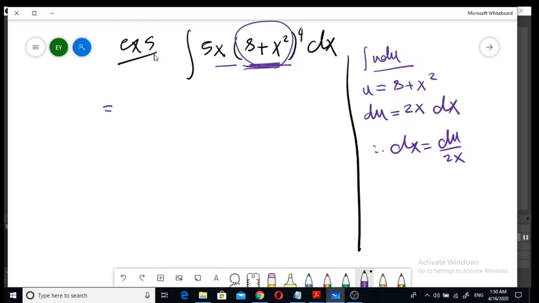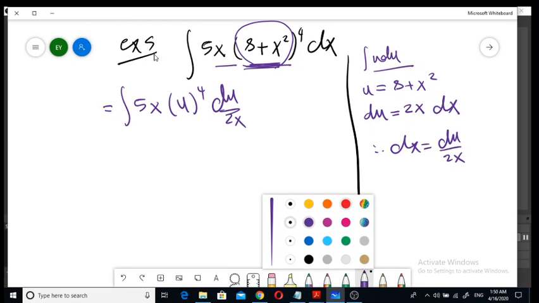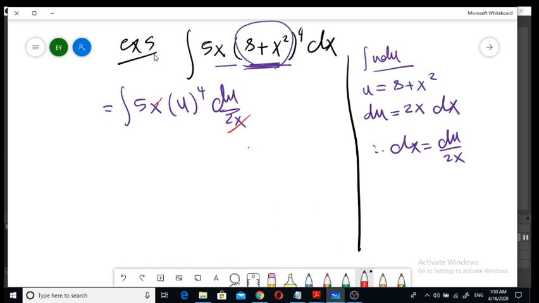So we are going to replace 8 plus x squared by u. It will be 5x u^4 du over 2x. Easily we can simplify x with x, and we have 5 over 2. We can move it to the front, so it will be 5 over 2 integral of u^4 du.